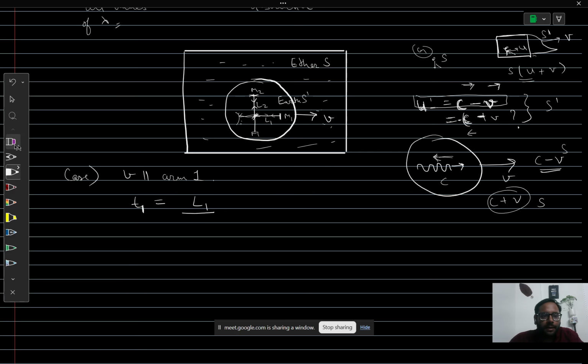Let me write it again. Now velocity, with direction, if I am taking this as the minus x direction, it will be minus c. Sorry, I'm missing something.